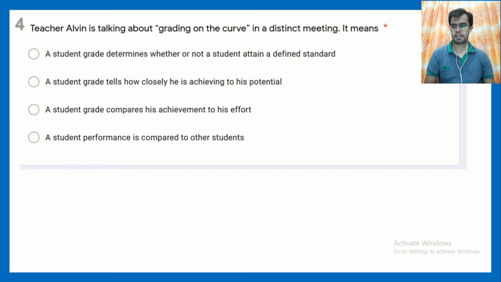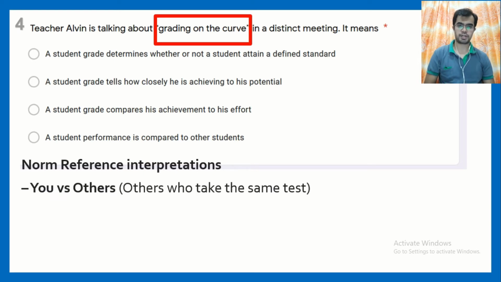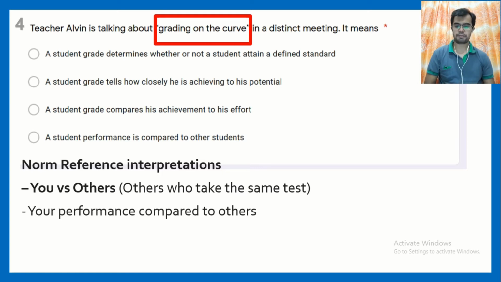Number 4. Teacher Alvin is talking about grading on the curve in a district meeting. It means blank. Our keyword here is grading on the curve, and it is associated to norm reference interpretations, which means you versus others. Others is defined as others who take the same test, or it also means that your performance will be compared to others who take the same test.